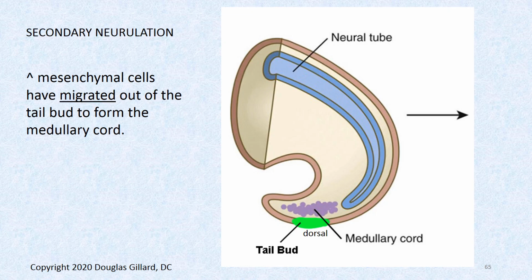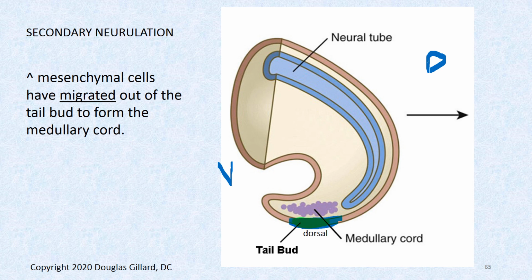So here's a picture. Here's dorsal, ventral, and there's the neurotube, but it stopped. There's the L5 region. So there's no neurotube in the sacrum and coccyx. So the tail bud kind of showed up in this region right here.